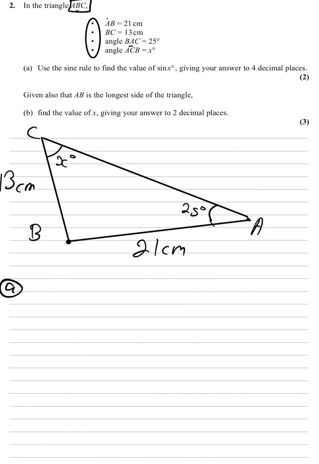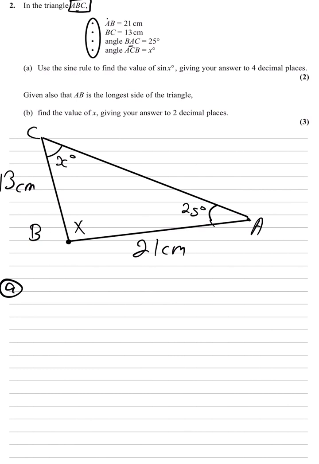Now, the question asks us to use the sine rule to find the value of sine X, giving our answer to 4 decimal places. When it comes to the sine rule, it really depends on whether you're trying to find angles or sides, and it's pretty much always used in the case of a non-right-angled triangle. This is not a right-angled triangle, okay? It may look like it, but it's not.